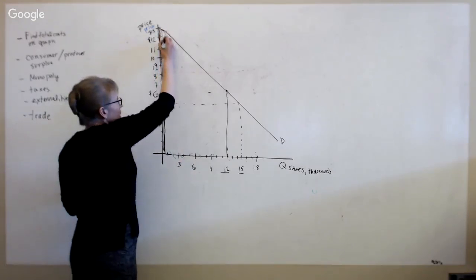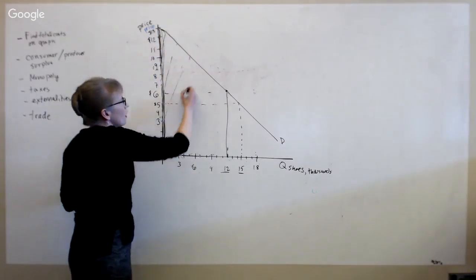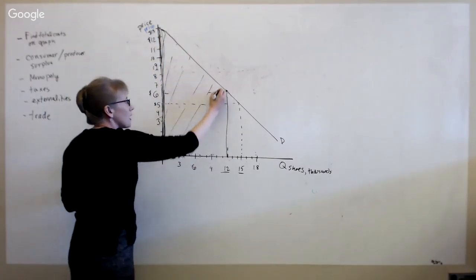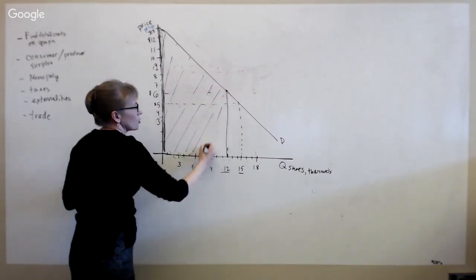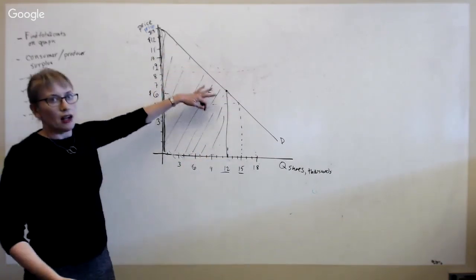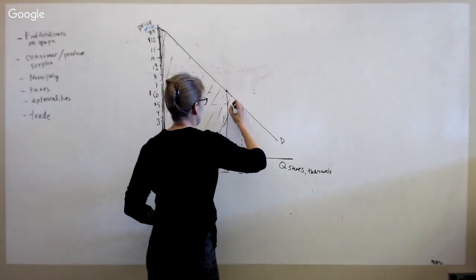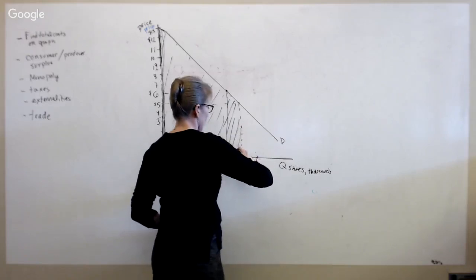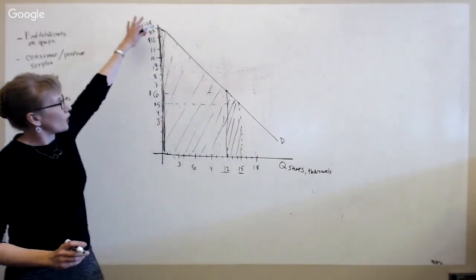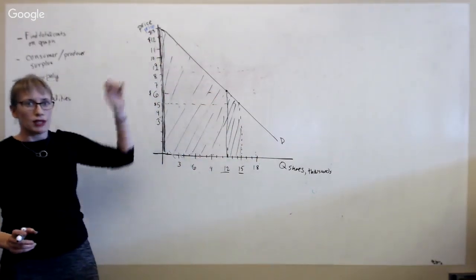So we can think about the total value that consumers place on shoes as the area under the demand curve up to the price. And I said, let's suppose the price was $5. So here's the total value that consumers place on shoes.